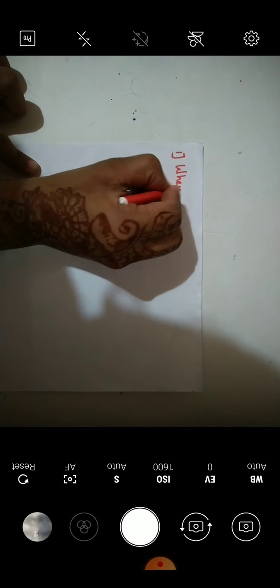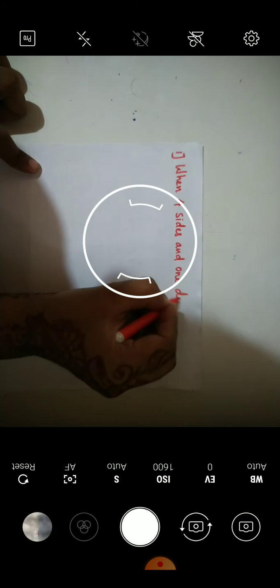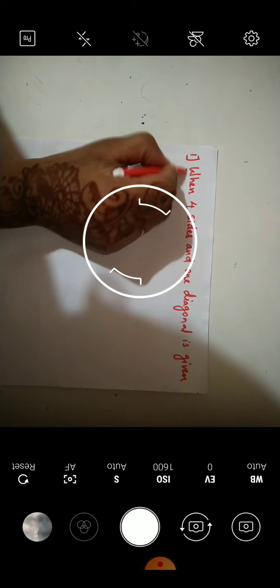The first type of construction which we are going to do is when 4 sides and 1 diagonal are given. That means we have 5 components, and if we have 5 components given, then we can construct the quadrilateral. So this type of construction we are going to do today: when 4 sides and 1 diagonal are given.